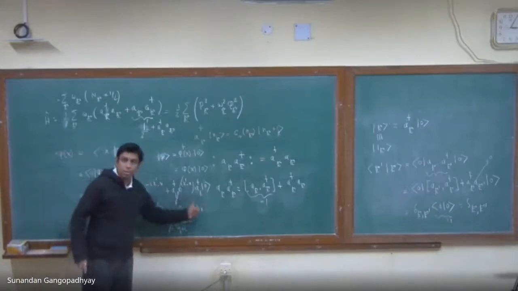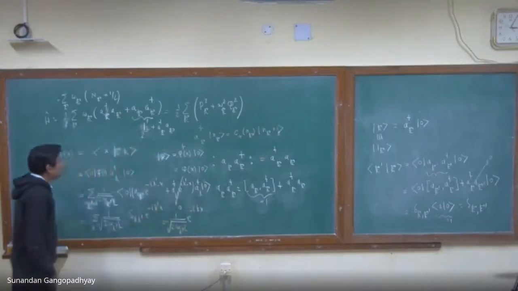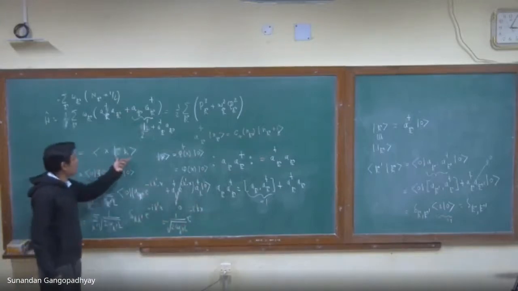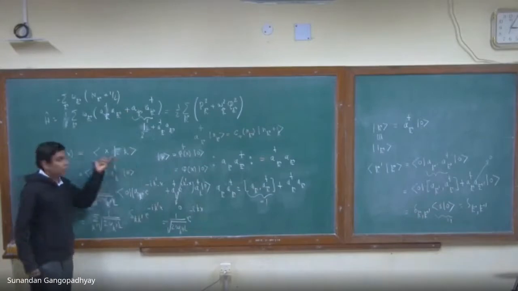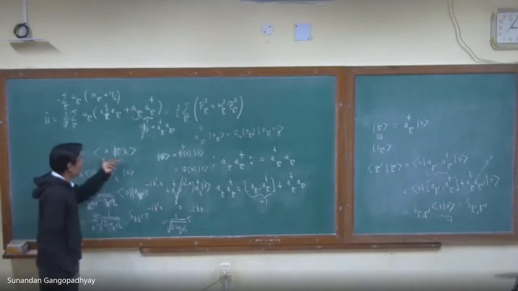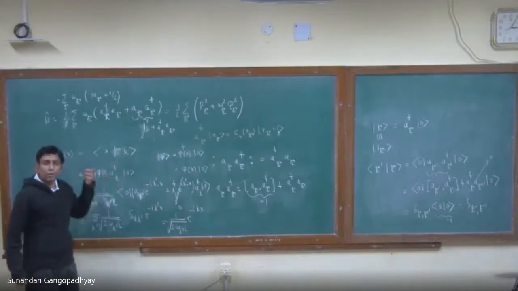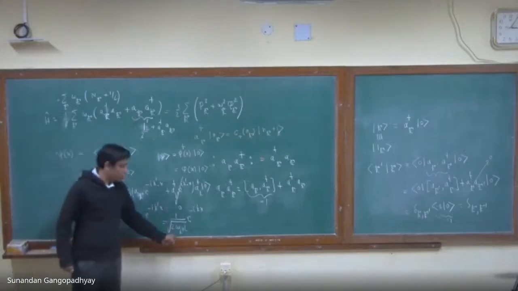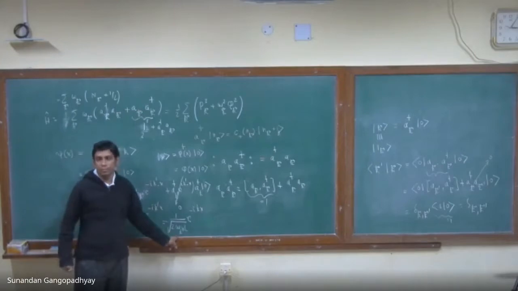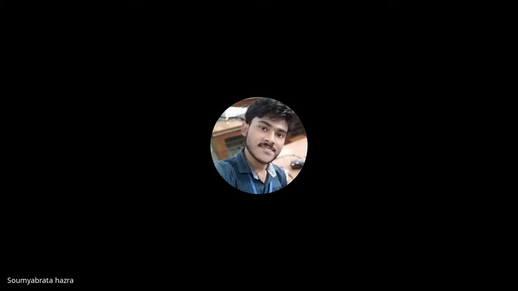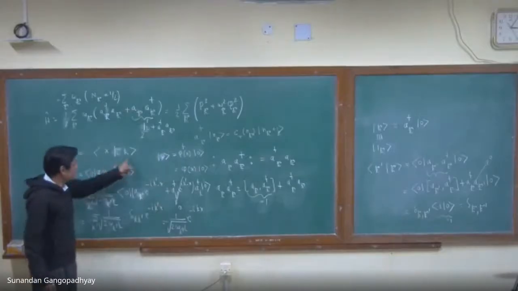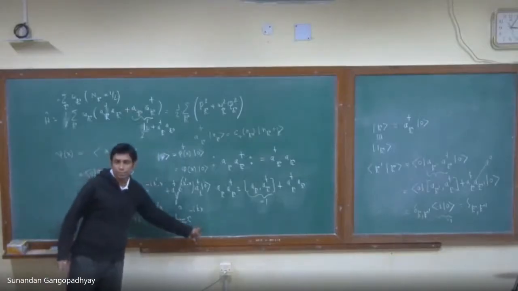And you also know that psi of x should be bra x ket k, right? Yes, sir. The wave function should be this, from quantum mechanics. And you also know what the wave function of a free particle with momentum k should be. You know the wave function. The wave function should be this. Yes, right? So you know that psi of x should be equal to this and that should be equal to this.